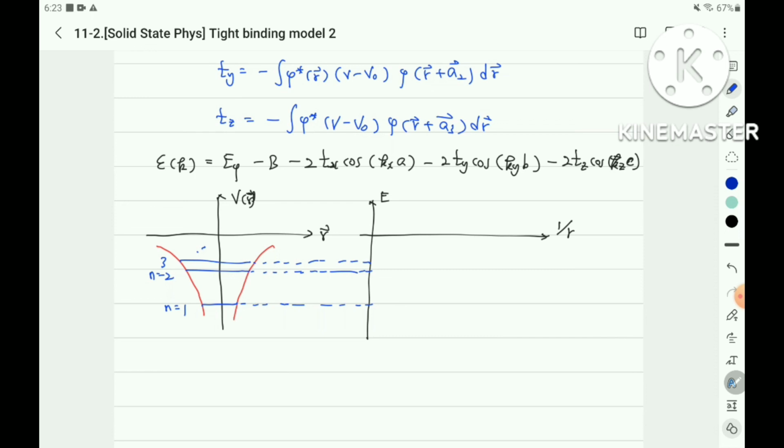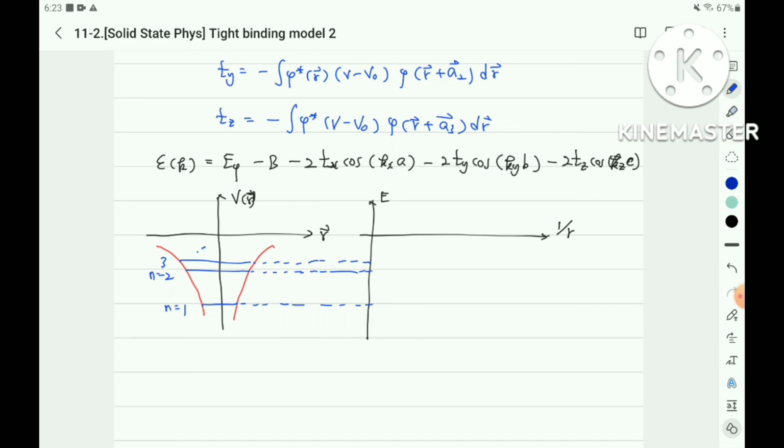It means that at far distance, the crystal Hamiltonian approximately coincides with the atomic Hamiltonian.